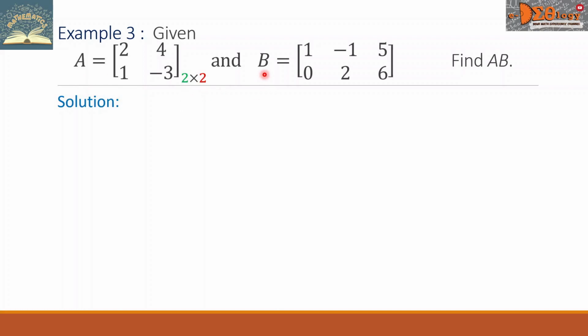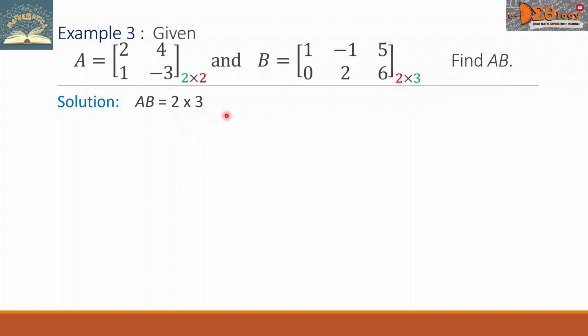The size of matrix B is 2 by 3. For the product AB, the first matrix is A, so the number of columns is 2. For matrix B as the second matrix, the number of rows is 2. So they are equal. That means for the product AB, we expect the size to be 2 by 3. So we write it here.